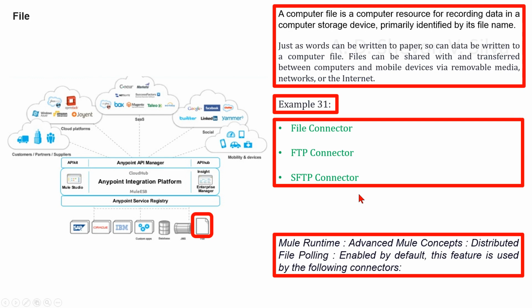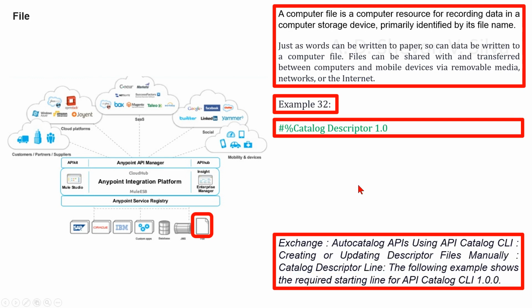These files can reside on a remote file system, including file systems of nodes belonging to a Mule high availability (HA) cluster. In Mule 4, distributed file polling makes it possible to poll files in all cluster nodes. Enabled by default, this feature is used by the following connectors: file connector, FTP connector, SFTP connector. You can configure connectors to only poll from the primary node, primary node only, which ignores the default setting set by the Mule runtime engine. This feature is only available in Mule 4.x.